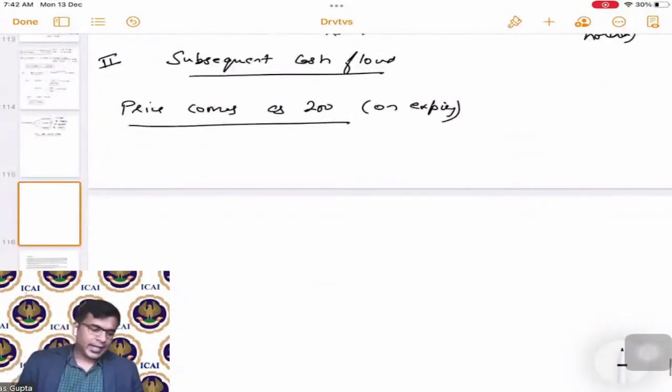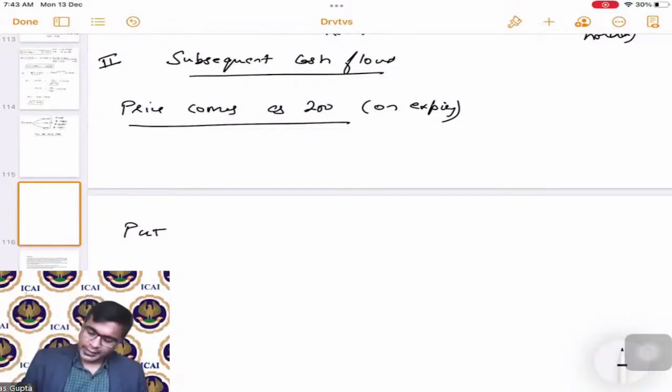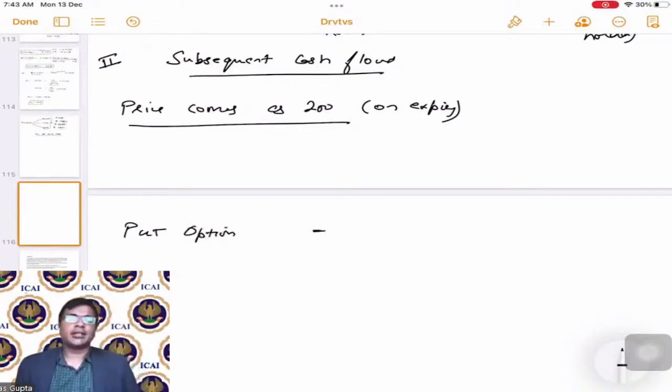So on expiry, for the put option holder, what is the strike price of the put option? 180 rupees. If the strike price is 180 rupees, the actual spot price has gone to 200 rupees. That means the put option is totally out of the money because the spot price is higher than the strike price. That means the put option is of no use. So the put option will fetch nothing. It is out of the money.